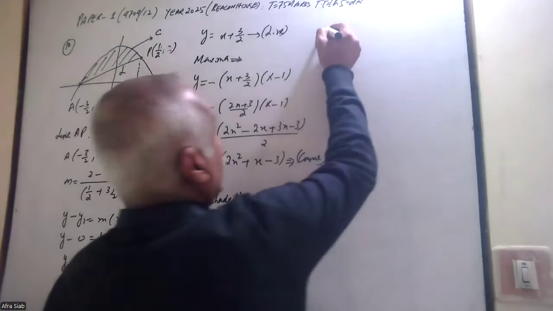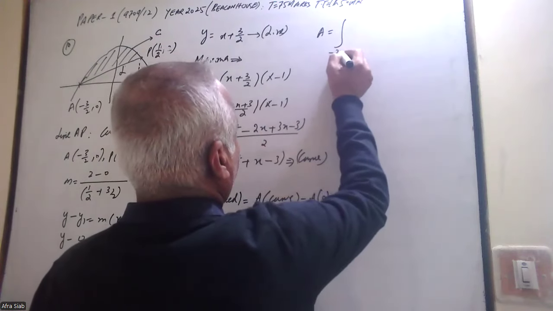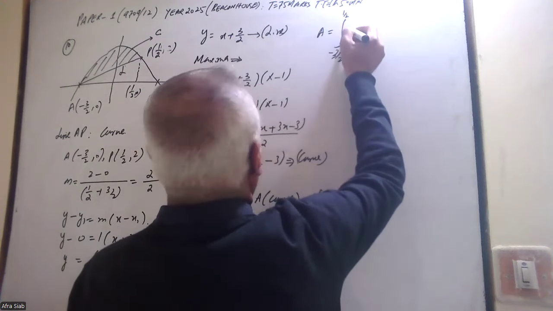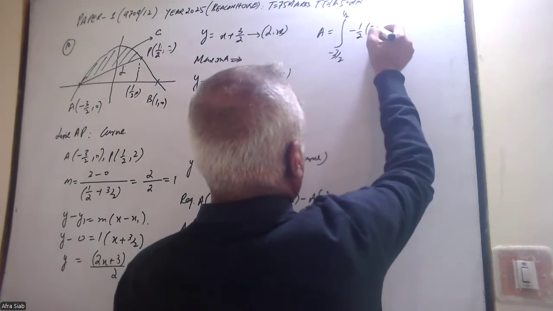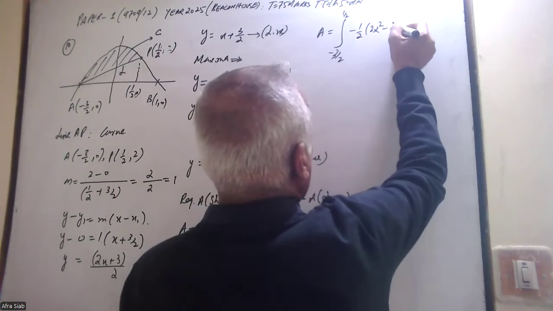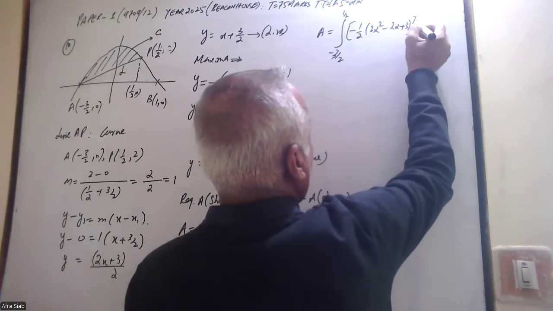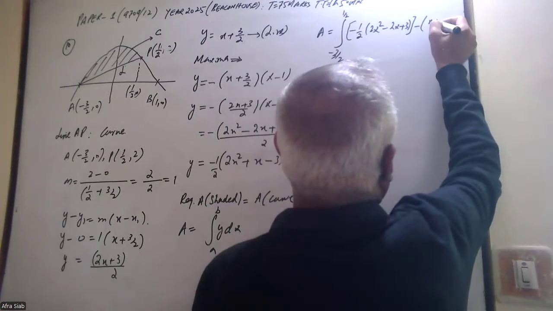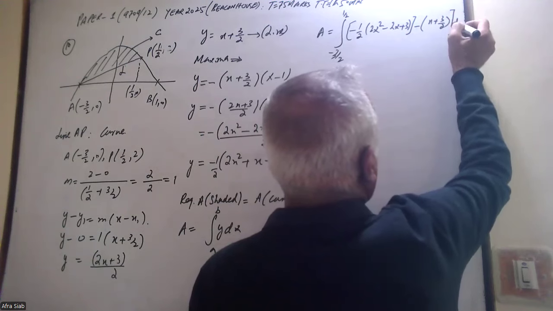So our final area will be equal to, the limits are minus 3 over 2 to half, upper is the curve which is equal to minus 1 over 2 into 2x square minus 2x plus 3, minus the area of this line which is equal to x plus 3 over 2, into d of x.